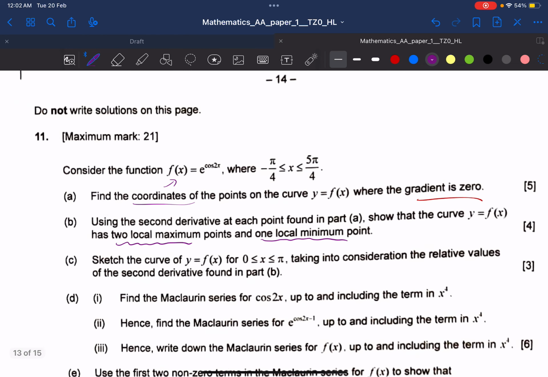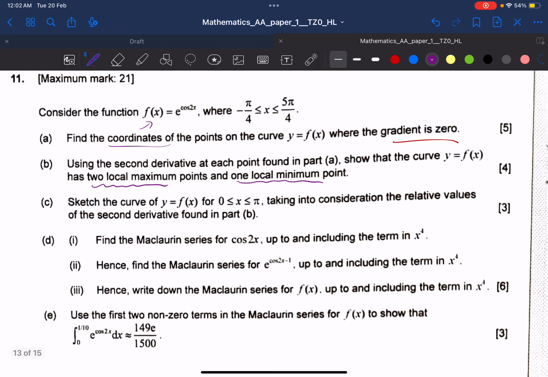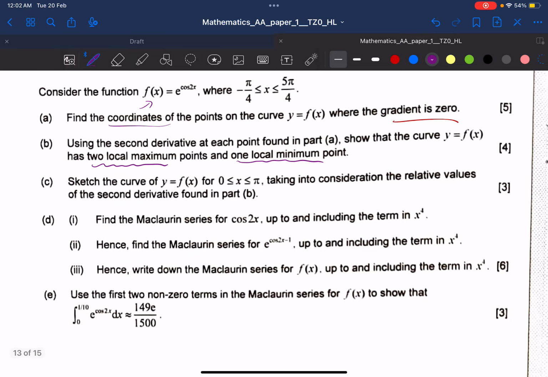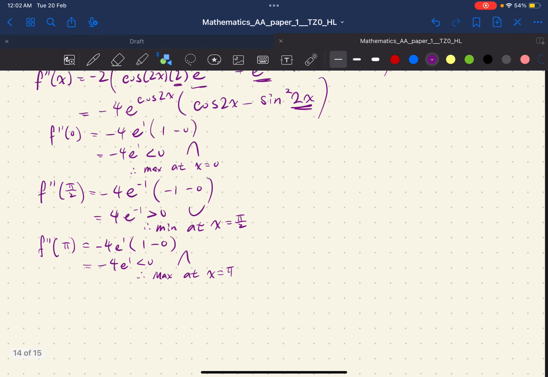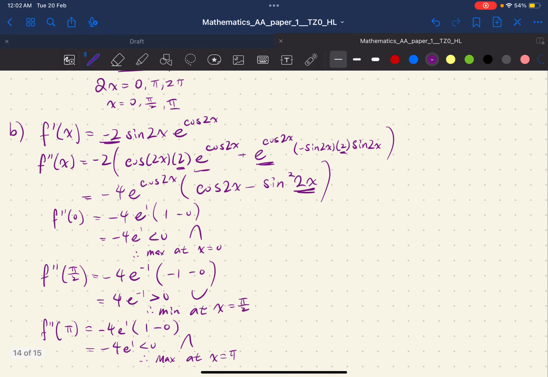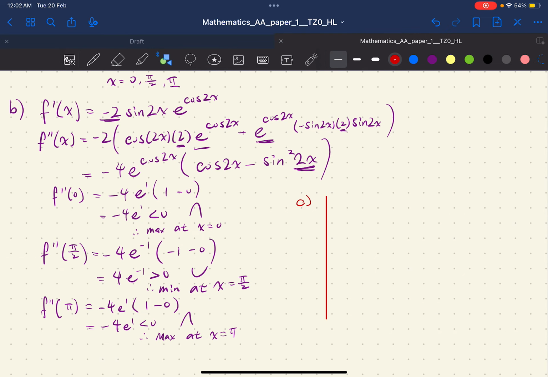Sketch a graph of y equals f for this domain 0 to pi, taking into consideration the relative values of the second derivative that you found in part B. So just try to draw it out right here, part C. Draw the axes out, this 0 and this pi.